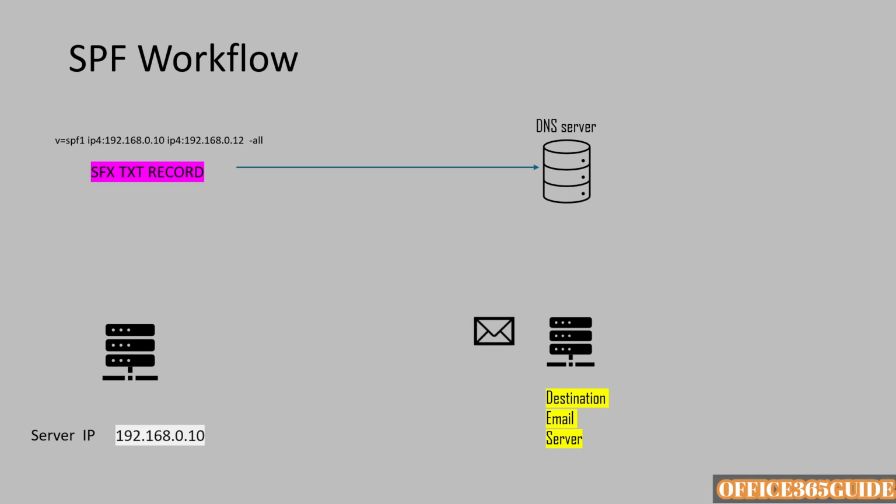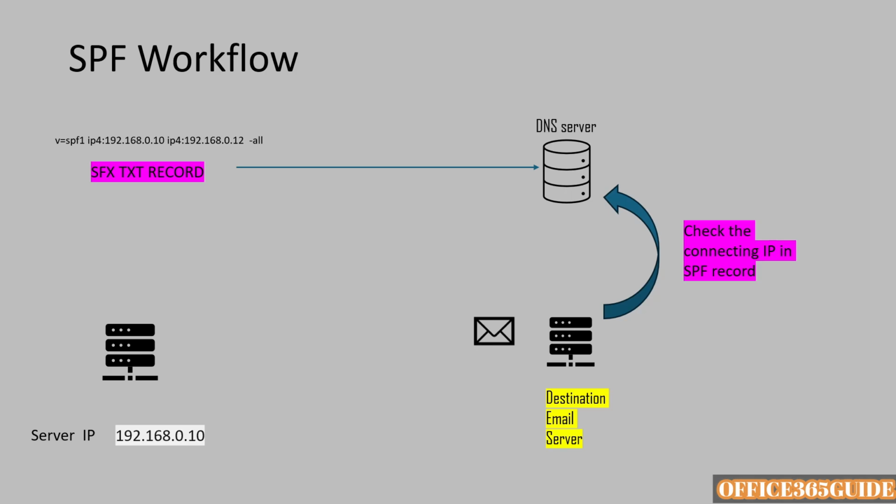What happens next is the destination server will perform an SPF check on the domain that is in the email header. So let's say my domain is gmail.com, now this will run an SPF check against that gmail.com domain.